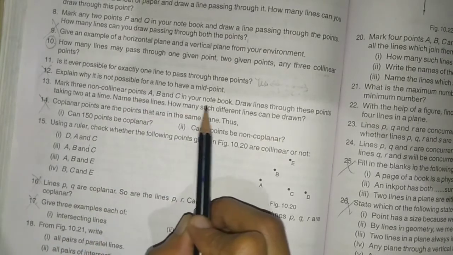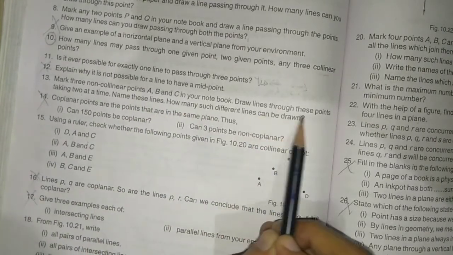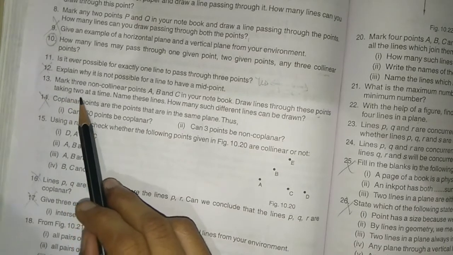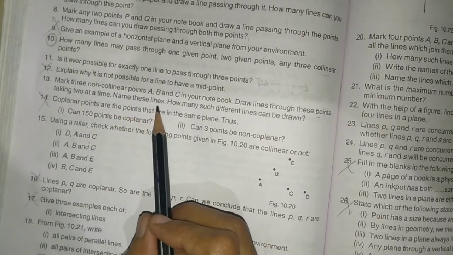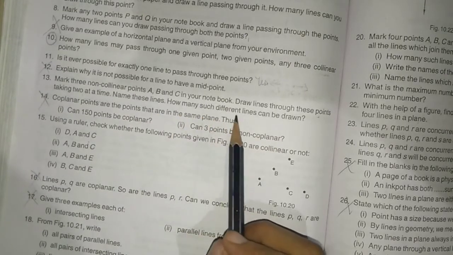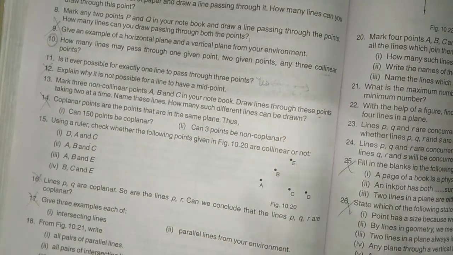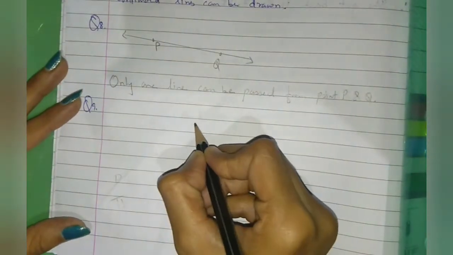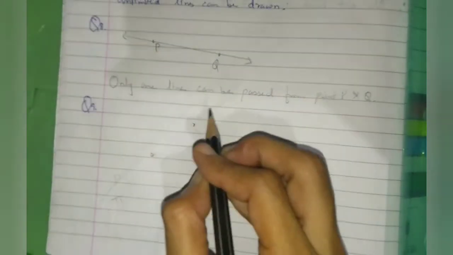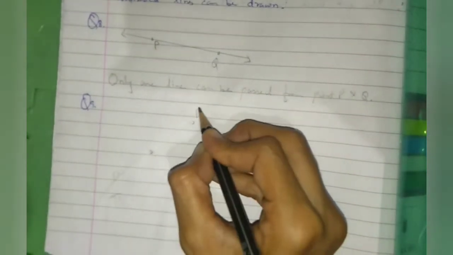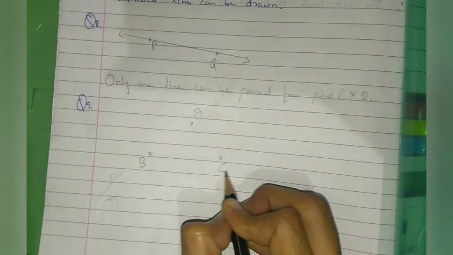Mark 3 non-collinear points A, B, C in your notebook. Draw lines through these points, taking 2 points at a time. Name these lines. How many such different lines can be drawn? So let us do it. Now we have to mark 3 points as non-collinear. Non-collinear means not lying on the same line. So A, B, C.